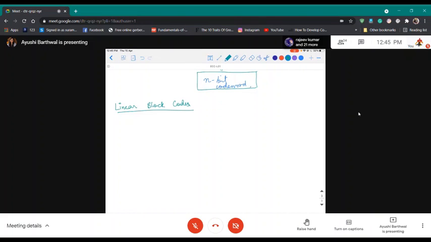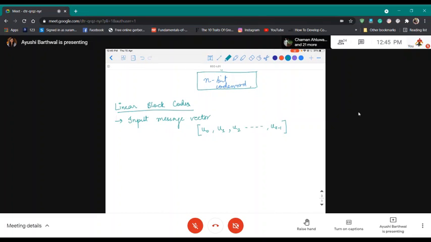So we said that we have a k-bit message signal, and let me denote the input message vector, which is a k-bit vector. It will be denoted by u0, u1, u2 until uk minus 1.